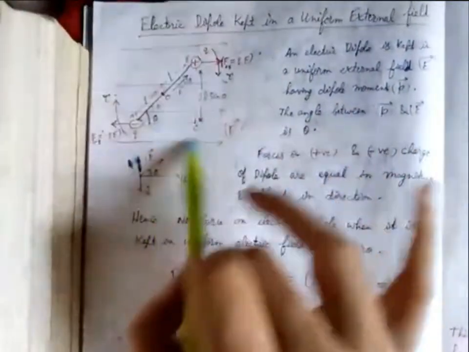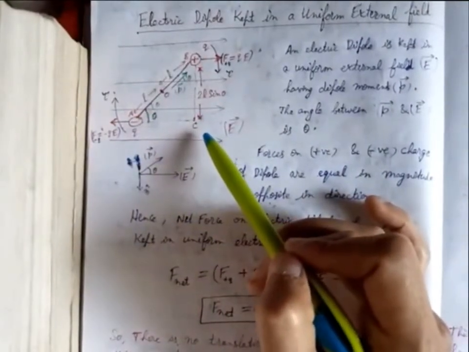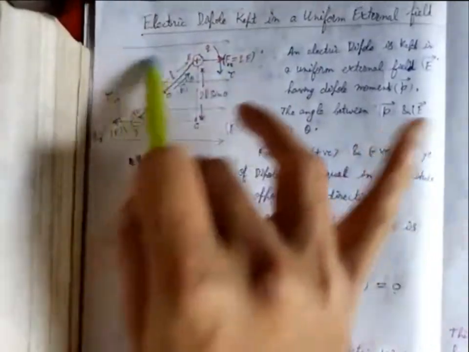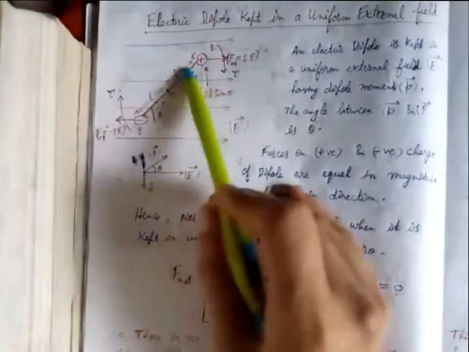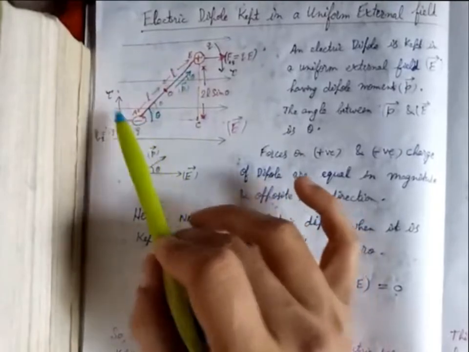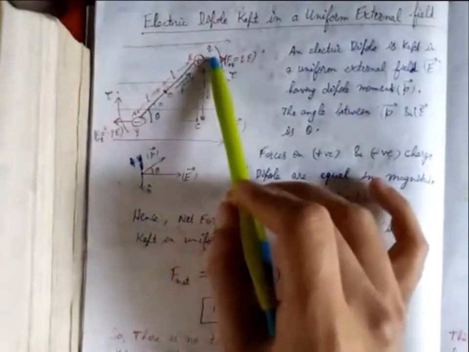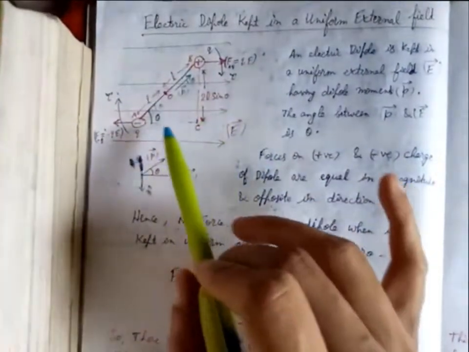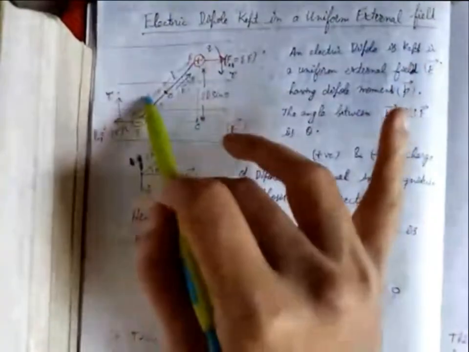The cause of rotational motion is the presence of net torque on this dipole, because these two forces do not act on the same point and their line of action is also different. Because of this net torque, the dipole can rotate.